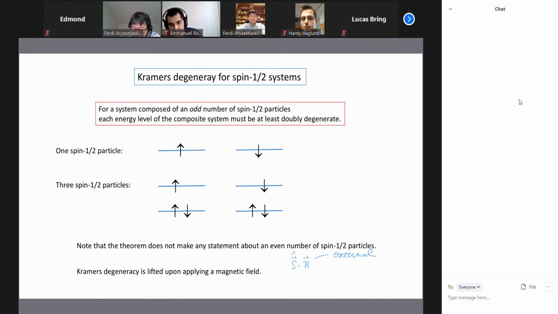That's because the time reversal operator anticommutes. So that means that if we do this similarity transformation, we get a minus sign. So it doesn't commute. So then the symmetry is broken. So then the degeneracy is lifted.